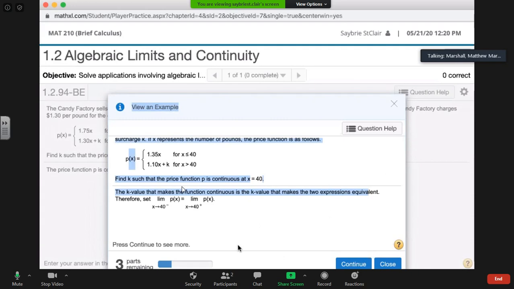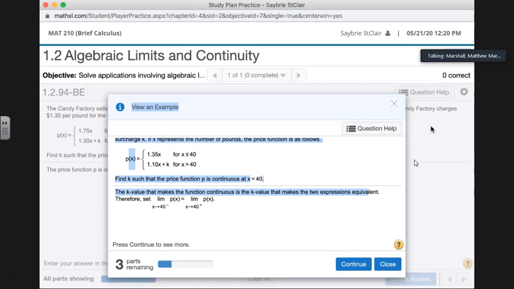Oh no, I mean this one, 40, so you're plugging in 40 into 1.35, so 1.35 times 40 is 54, and then when you plug in 40 times 1.1, that gives you 44. So this one works out nice and neat, where the other one didn't because it was so close numbers. So yeah, I'm kind of lost.